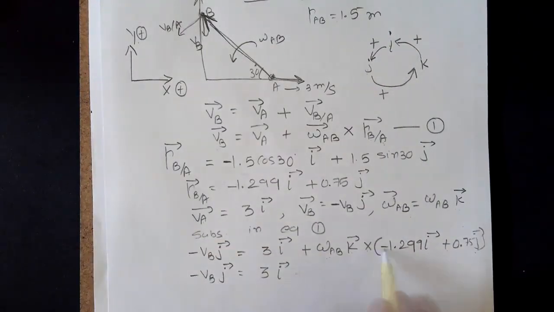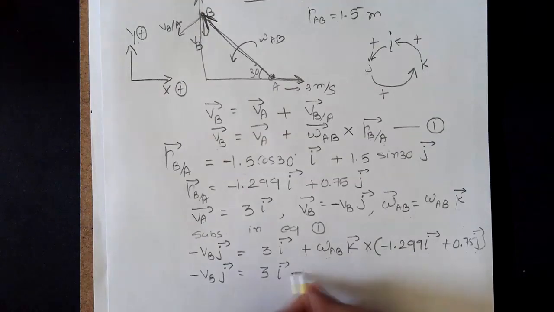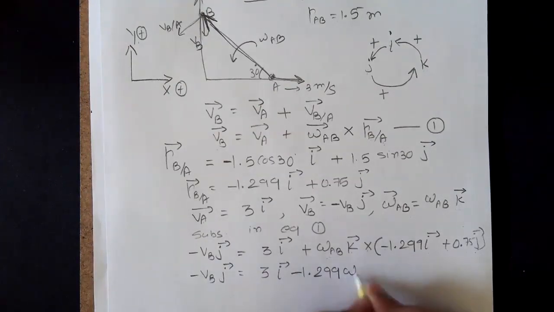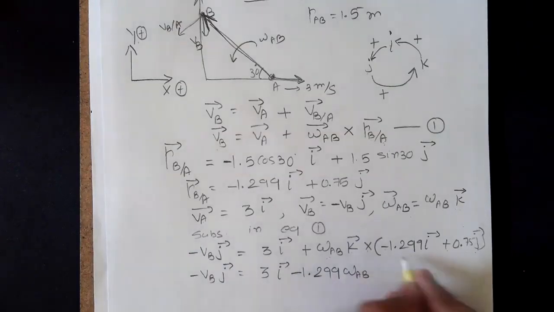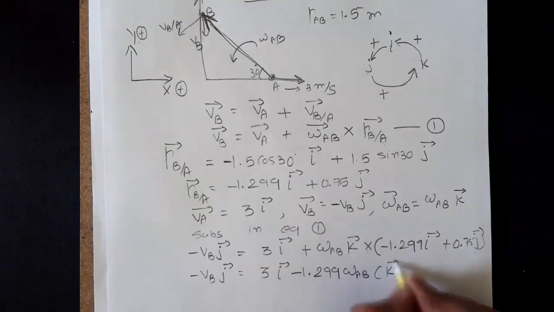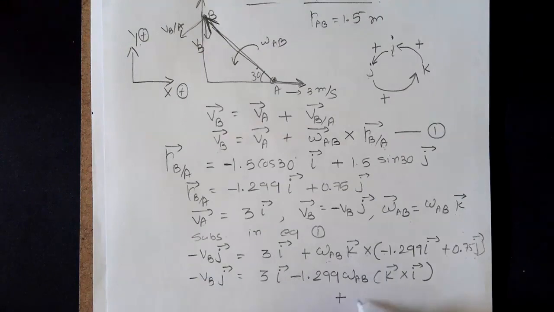Because this is negative, this negative will come out, so it's minus 1.299 omega AB, just the multiplication of these two constants, and then in the bracket it's k cross i, then this plus sign, and then 0.75 omega AB, and in the bracket it's k cross j.